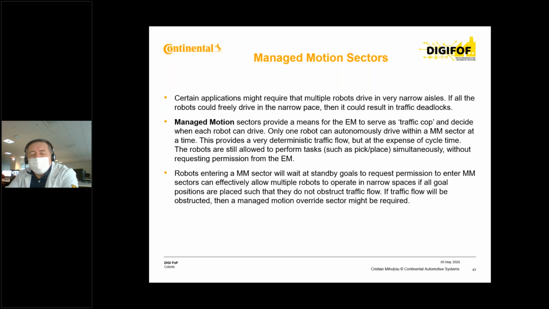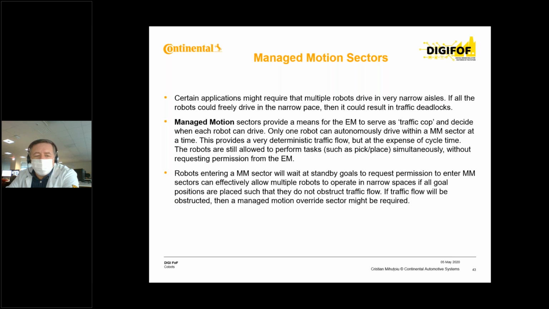So in this case, the fleet manager takes control of each robot, and one of them receives permission to enter the room or pass that intersection, and the others wait.